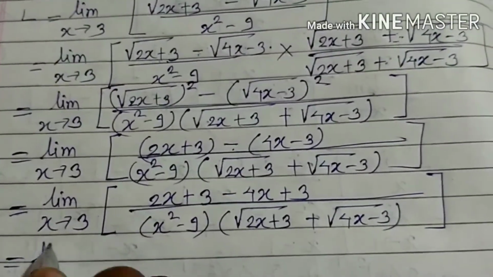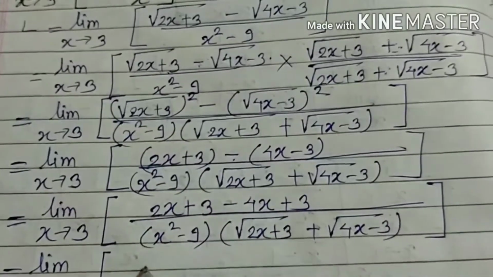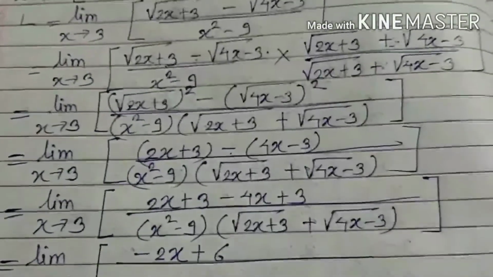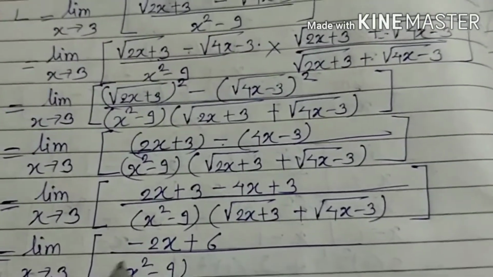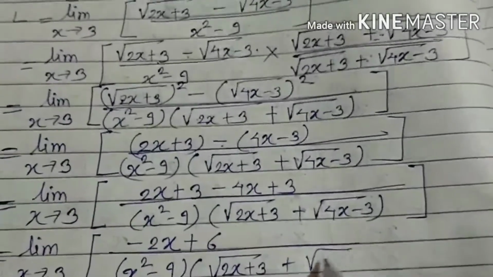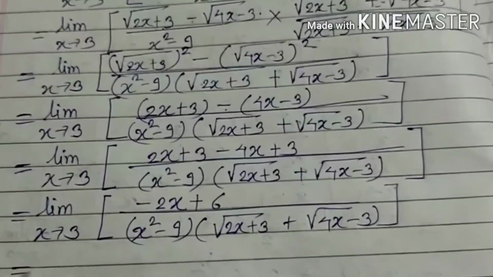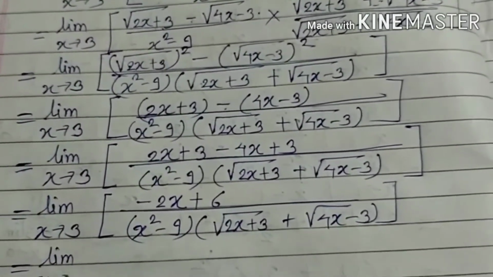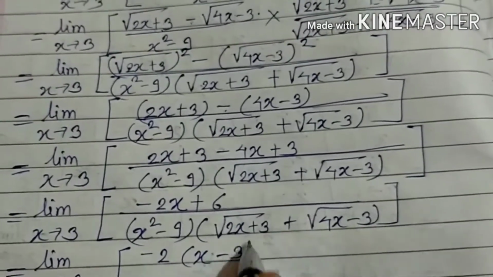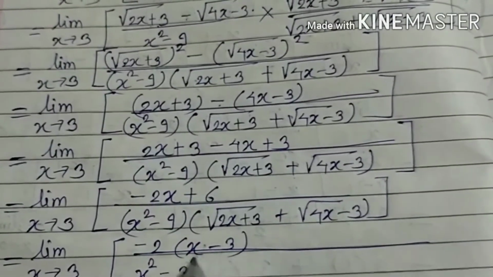Now limit x tends to 3. So it is 2x minus 4x is minus 2x, and this is plus 6 upon x square minus 9, and this term is as it is. Now take minus 2 common in the numerator. So minus 2 times x minus 3, and treat the denominator like x square minus 3 square.